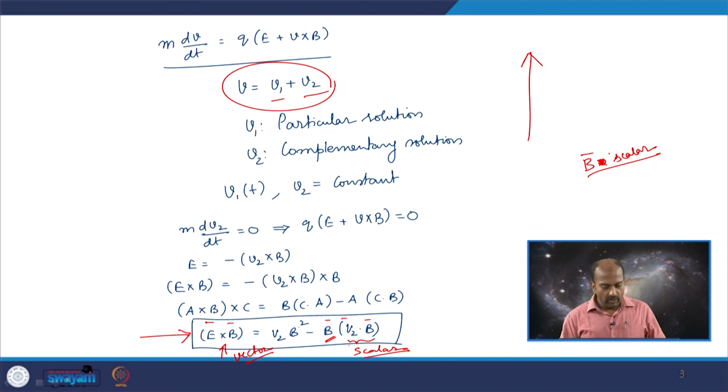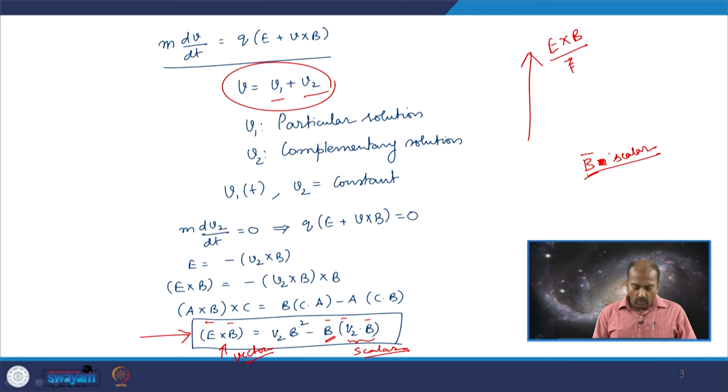So, this will not be in the direction of E cross B. Let us call this vector F. This vector F will be in such a direction which is perpendicular to E as well as B, so certainly not in the direction of B. So, when you are talking about the direction of E cross B, this term can be neglected, need not be considered.